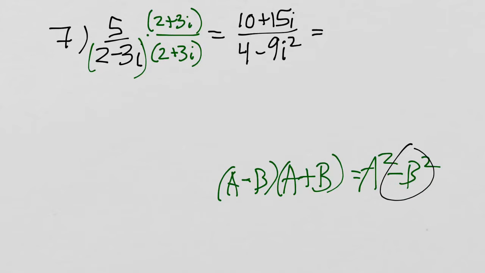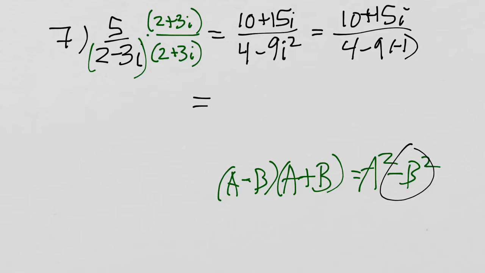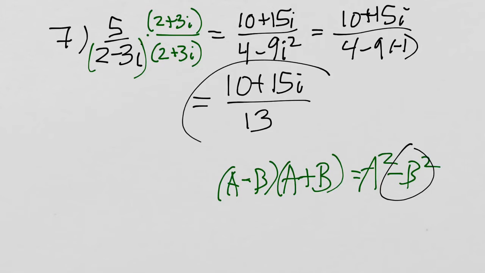Which is going to be the same as 10 plus 15i over 4 minus 9 times negative 1, which is going to be the same as plus 9. And my ultimate answer is going to be 10 plus 15i over 4 plus 9, which is 13. Okay, so that's how that one works.